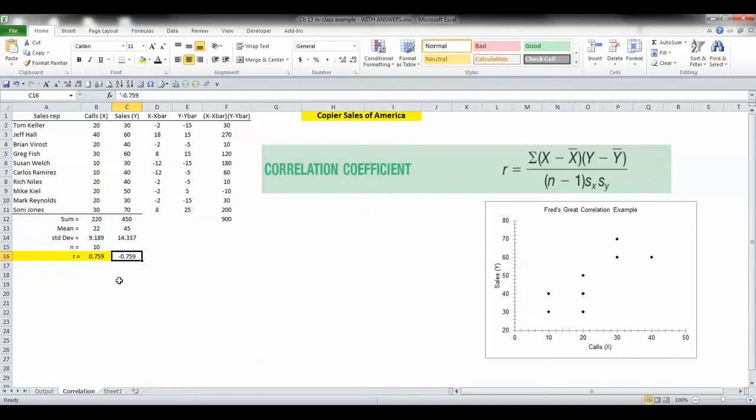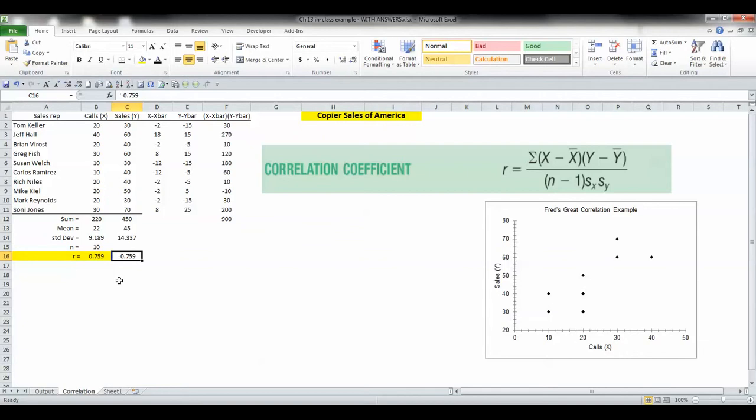And there are different determinations on what is considered a strong or a weak relationship. In the social sciences you are very unlikely to get a relationship of 1.0. Well, you will not get a relationship of 1.0, and you're unlikely to get one much greater than about a 0.80.